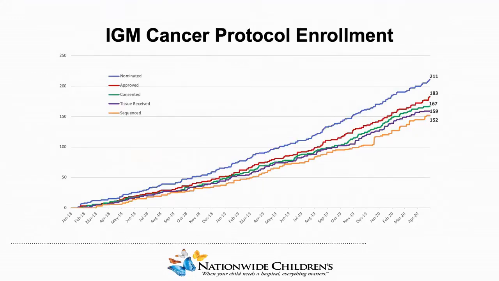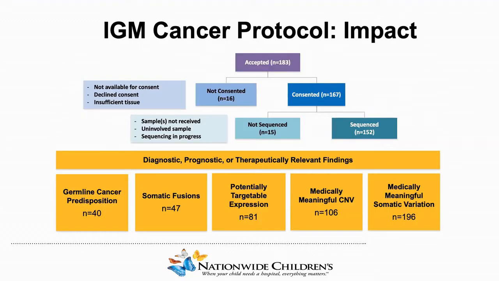So just to finish up, I'll give you a snapshot of where we're at with respect to patient enrollment. You can see this has been increasing over time since we opened this protocol in January of 2018. This is a little bit out of date; we should have another month in place here soon. But as of this calculation out of REDCap, we had sequenced about 152 patients so far across all histologies.